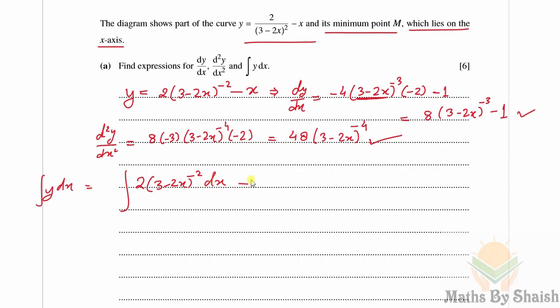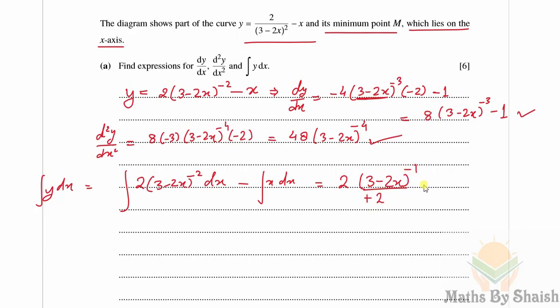So minus the integration of x dx, because this is linear, so we are going to use 2 times (3 minus 2x) to the power minus 2 plus 1 is minus 1, so divide by minus 1, and it is going to be plus 2. We'll divide. In the differentiation we multiply by the differentiation of the bracket. In the integration we divide it by that.